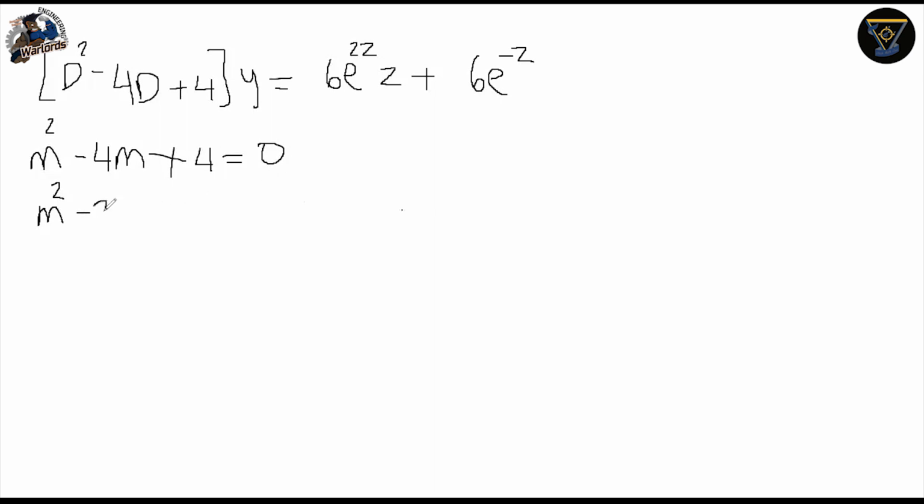So minus 2m minus 2m plus 4, and it is equal to 0. So all we're doing is just trying to solve for m, right? I hope you guys already know how to factorize.